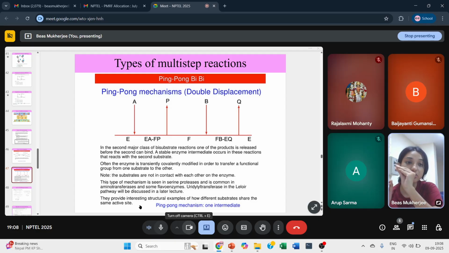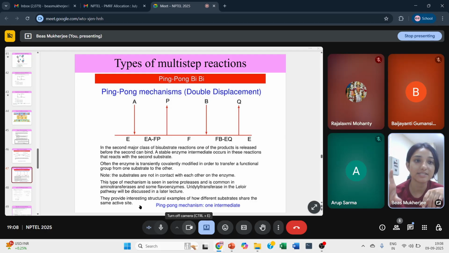Okay, so the functional group is carried from one substrate to another by the enzyme, and the enzyme is undergoing covalent modification for that. Note, the substrates are not in contact with each other on the enzyme. Okay, this type of mechanism is seen in serine proteases and common in aminotransferases and some flavoenzymes. Uridyl transferases, etc. All these are involved here in this displacement reaction.